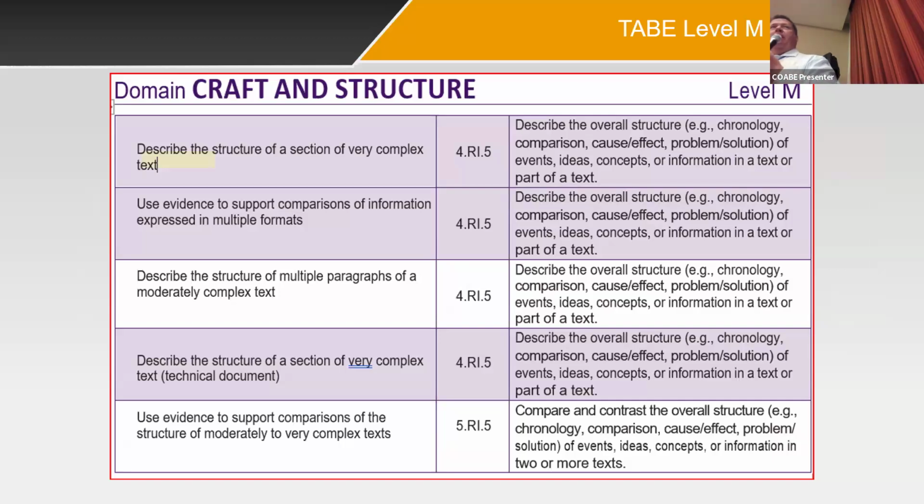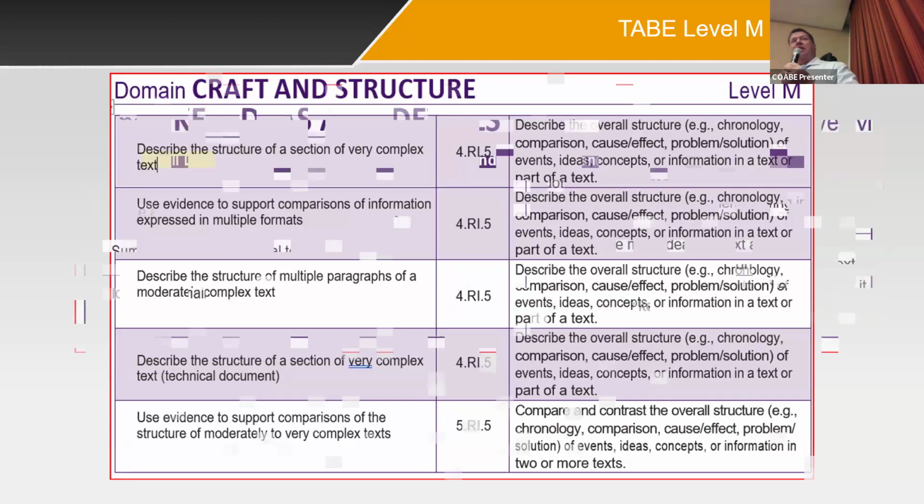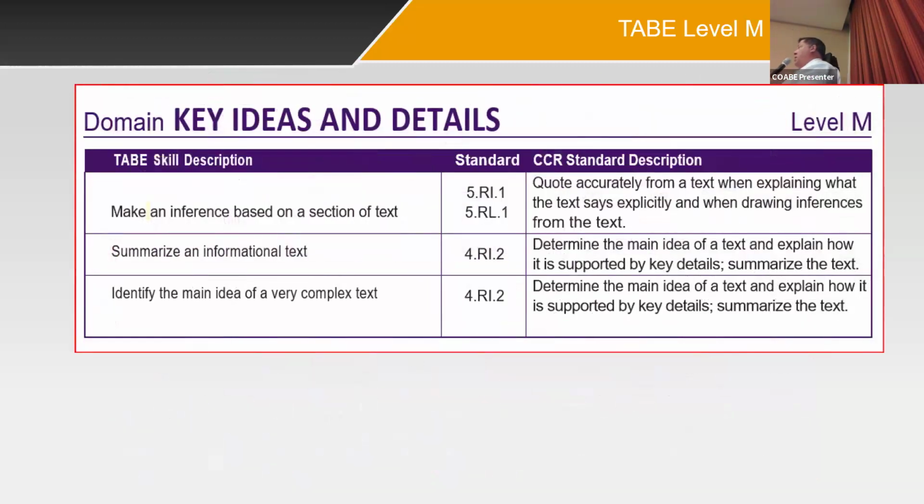There were a lot of craft and structure skills, so we see more deficient areas listed on this one versus key ideas and details, which usually means the percentages were very close. Whereas in the previous slide where there were just three of them, those were by and large the ones being missed most often, being assigned on the report more often.